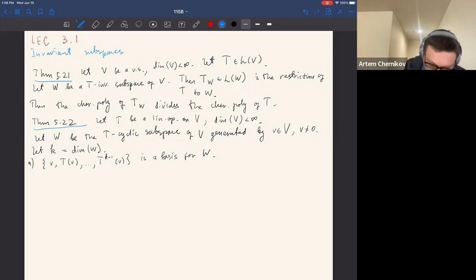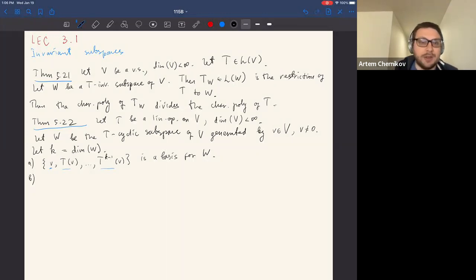Yeah. So we just take the vector which generates it, and then we have to apply T several times up to T^(k-1) of v. So altogether, this is k vectors, of course, right? Because we have v and then T of v, etc., T^(k-1) of v. And we claim that this is a basis for W. This is part 1, okay?